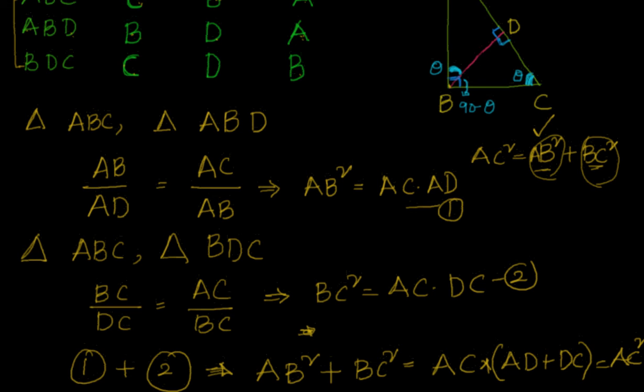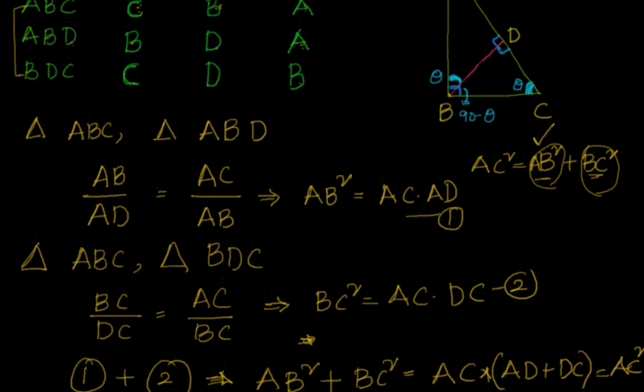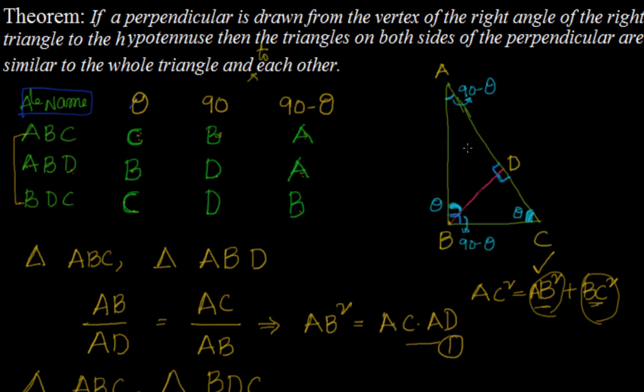So we have proven Pythagoras: the sum of the squares of the two sides of a right angle triangle other than the hypotenuse is equal to the square of the hypotenuse, or AC square is equal to AB square plus BC square. That is what we have proven, and we have proven it using similarity.